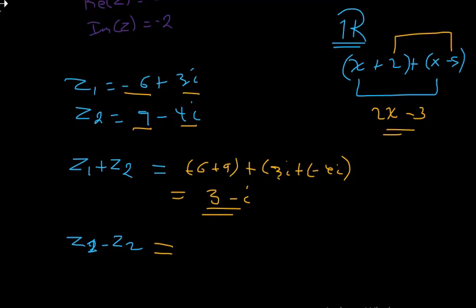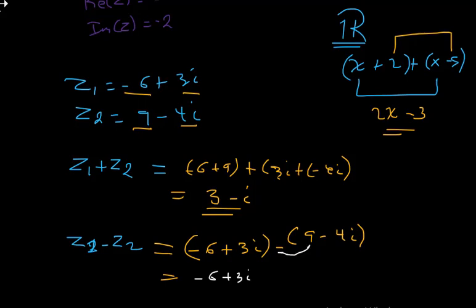Minus Z1 is minus of minus 6 plus 3i, so minus of minus 6 plus 3i, minus 9 minus 4i. You have to distribute the negatives first. So 6 minus 3i, and when you distribute this negative, negative 1 times 9 is negative 9, and negative 1 times negative 4 is positive 4i.